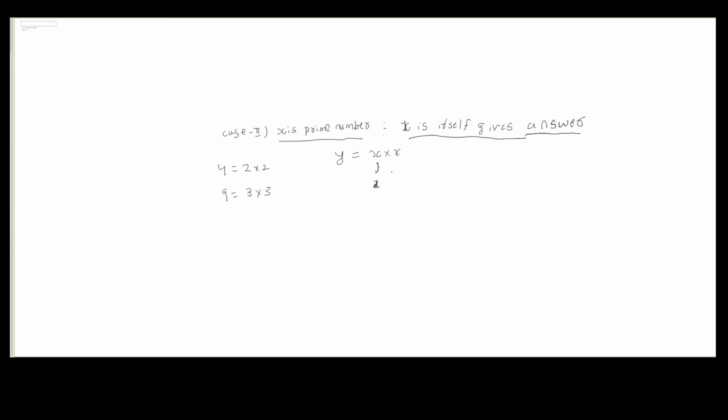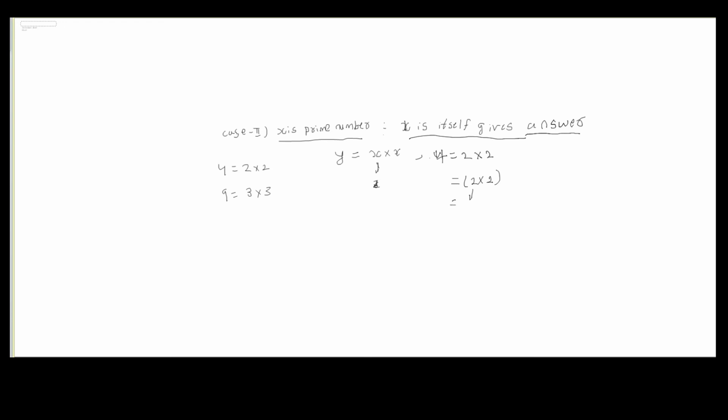Suppose for example, as I told you, 4 is equal to 2 into 2. Directly you are expressing it as factors, we make only a single pair.